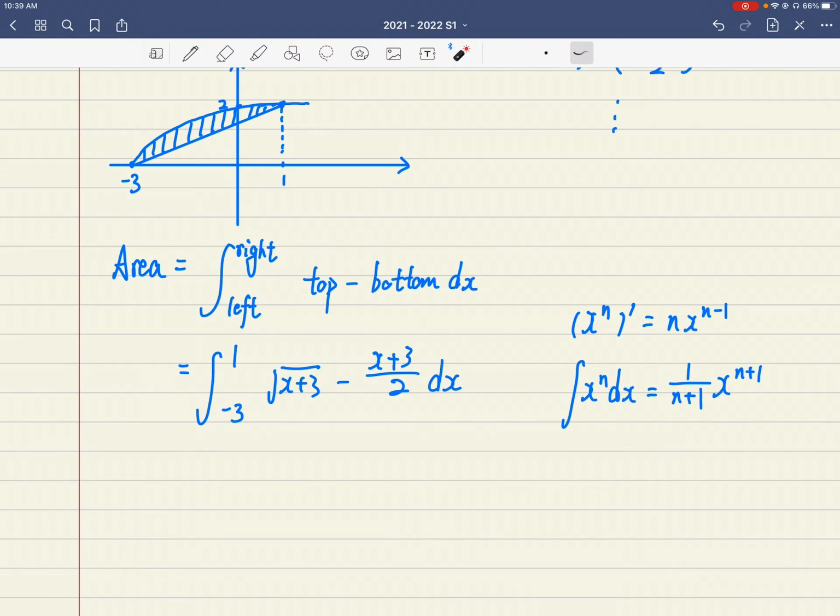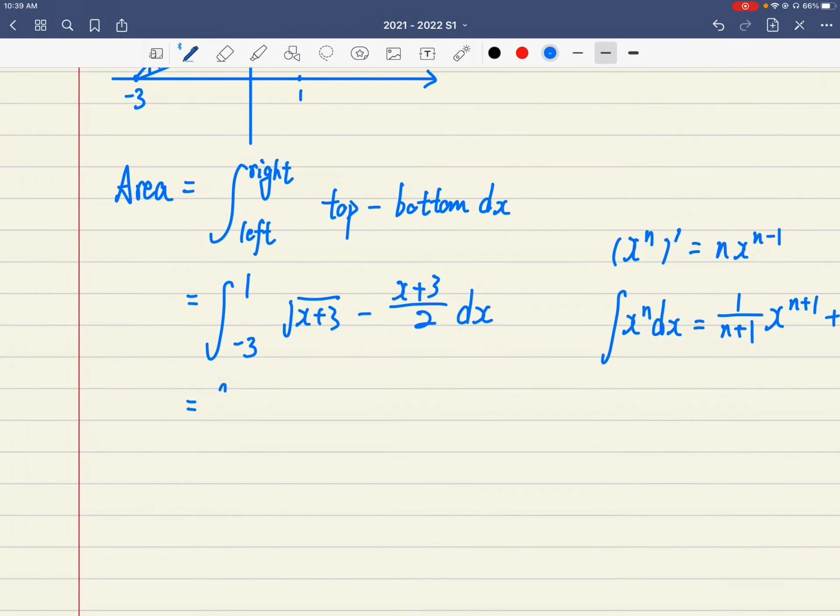This is because if you differentiate this part, you get n plus 1 times x to the power of n, and these two parts cancel out. This is just a formula. Of course, whenever it's indefinite integration you add plus c, but here it's a definite integration, so you don't need to include this part.